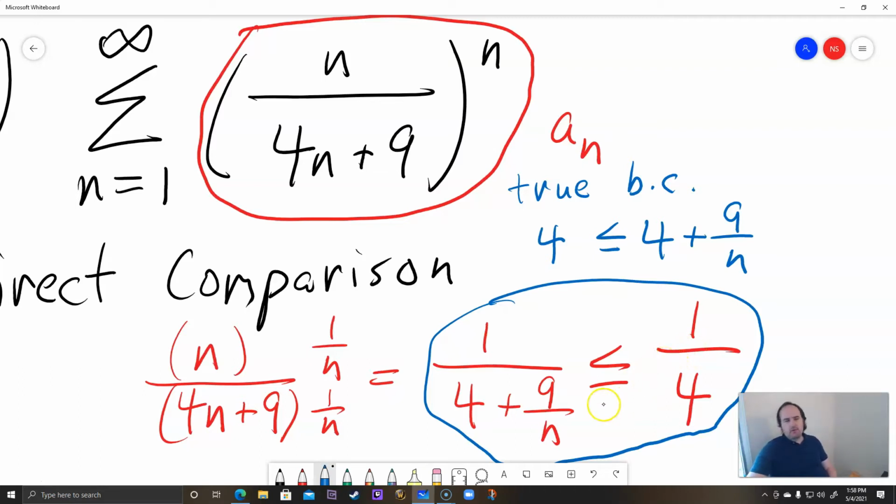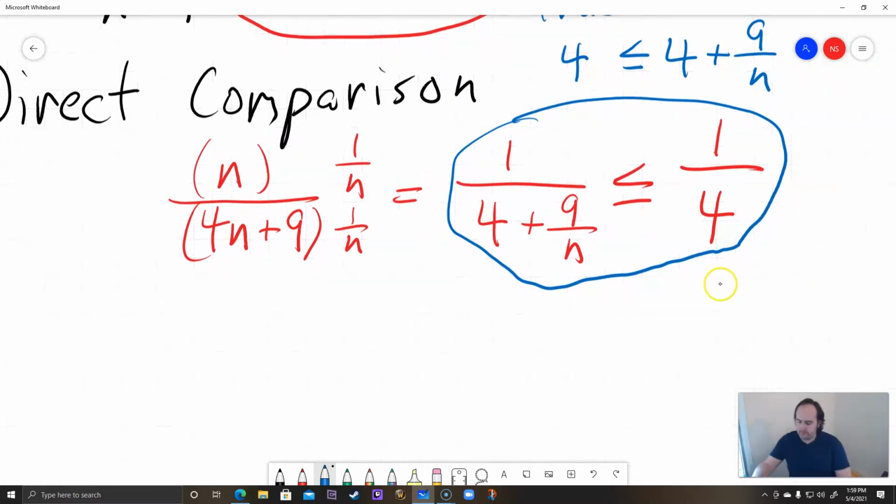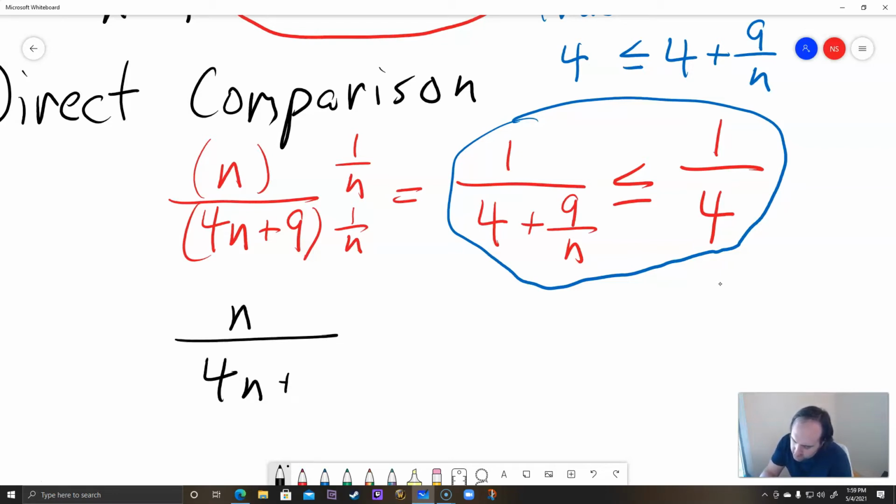Okay, so you might be wondering, well, why am I doing all this? And what does this accomplish? Well, since we know that this one here is less than or equal to 1/4 now, what we have so far is n over 4n plus 9 is less than or equal to 1/4.